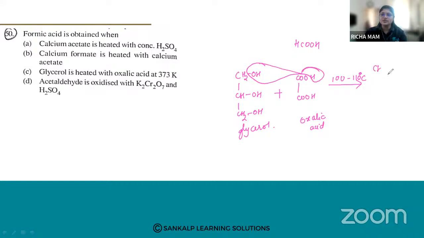So what will I get? CH2O, then COCOOH, and this will get attached here, and I'll get CHOH then CH2OH. Your H will leave, and what you'll get is CH2OCOCOOH.